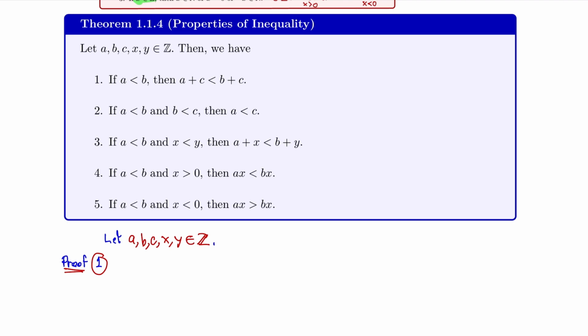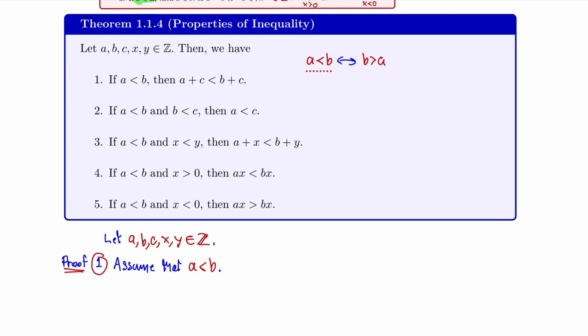This means that we can add both sides by a constant c, which is an integer. So for the first one, I have to assume that a is less than b. Do not forget that according to the definition of inequality, a is less than b if and only if b is greater than a.